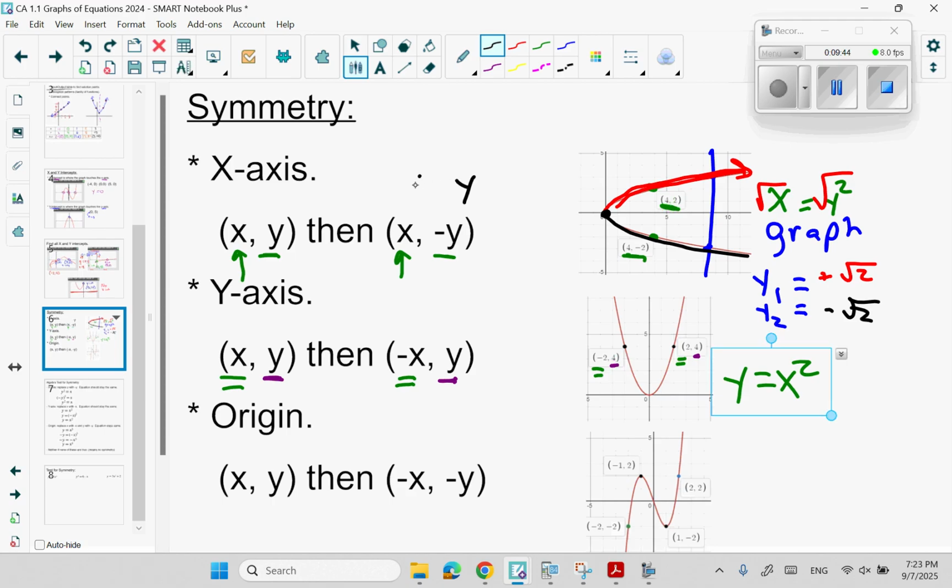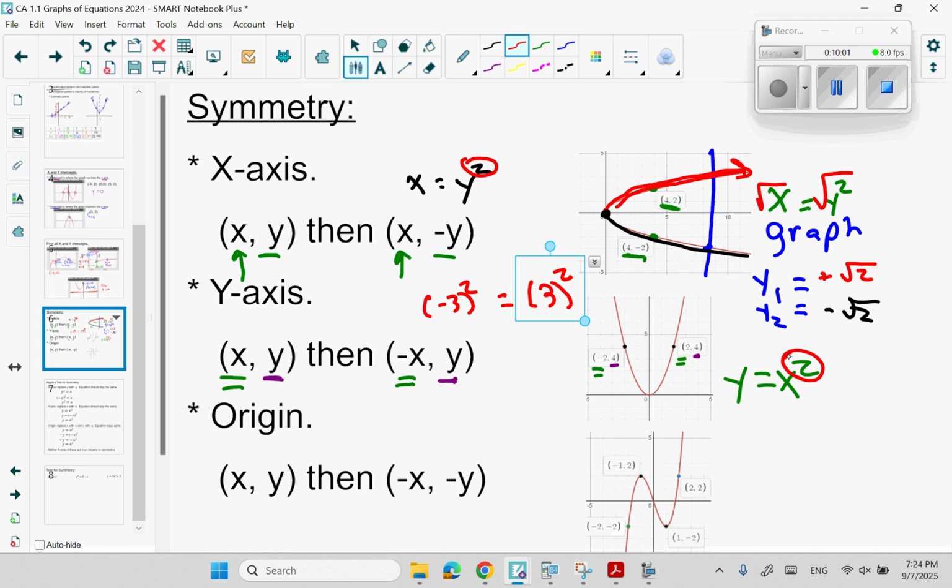This other one was x equals y squared, which should make sense because conceptually, negative 3 quantity squared is the exact same thing as 3 squared. So having this square helps give that positive and negative look.